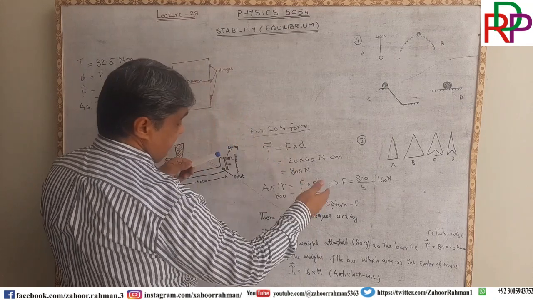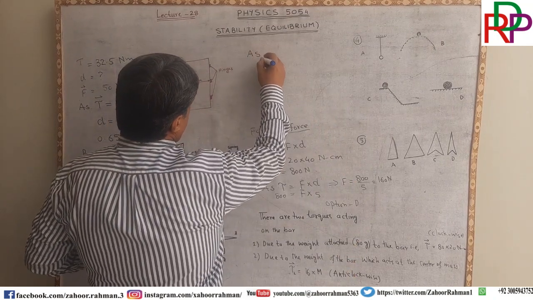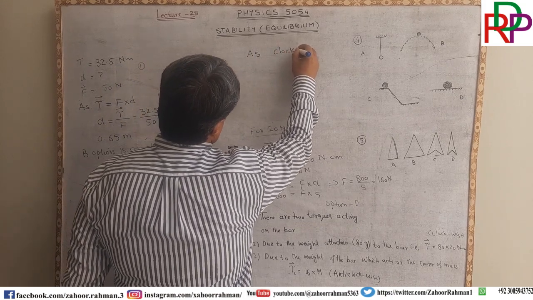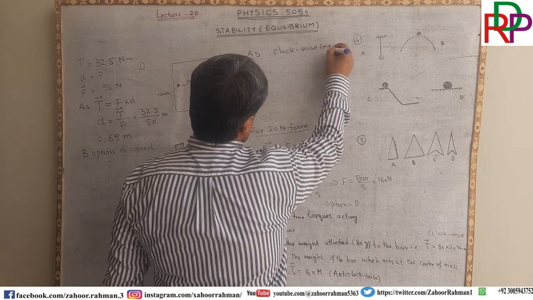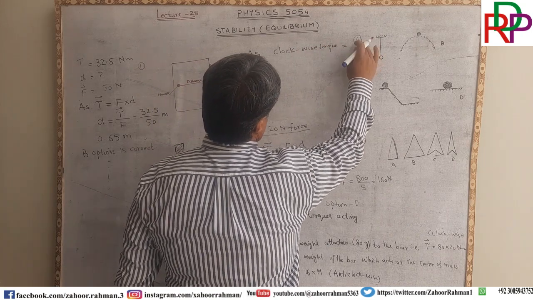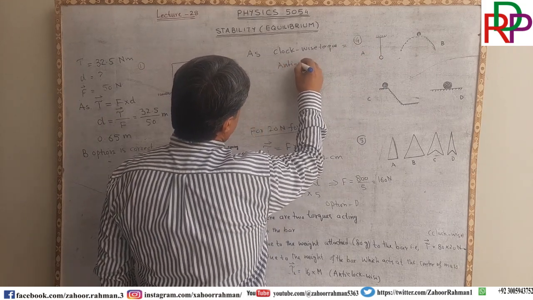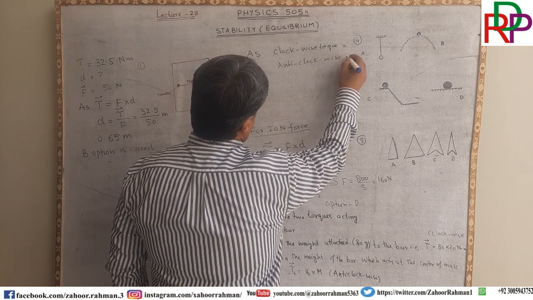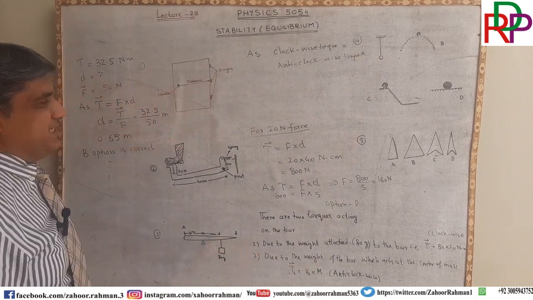Now, as we know, clockwise torque must be equal to anti-clockwise torque for stability.